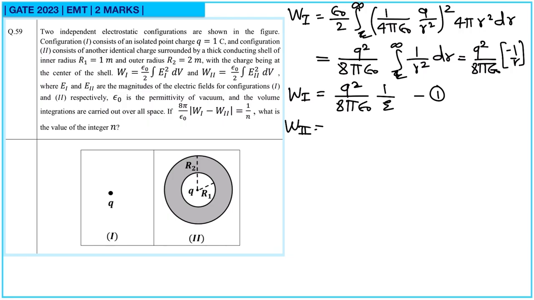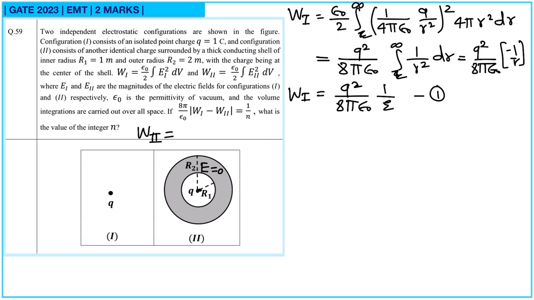Now for the second one, epsilon naught by 2, then we have integration 0 to infinity. Now here we have two regions. One is this of radius r1, and then this is r1 to r2. Now this is conducting, that means here the electric field will be 0. So inside, the electric field will be because of this charge, and also we have to calculate for the outside field as well.